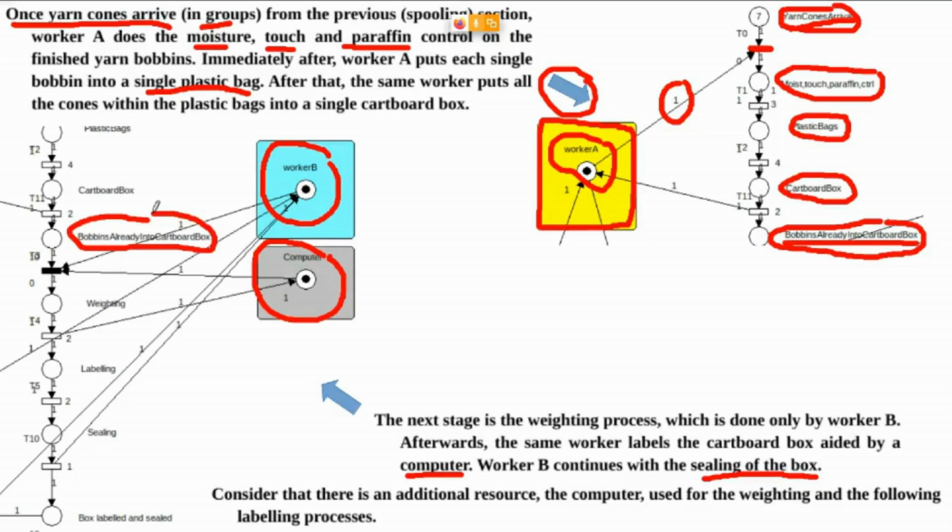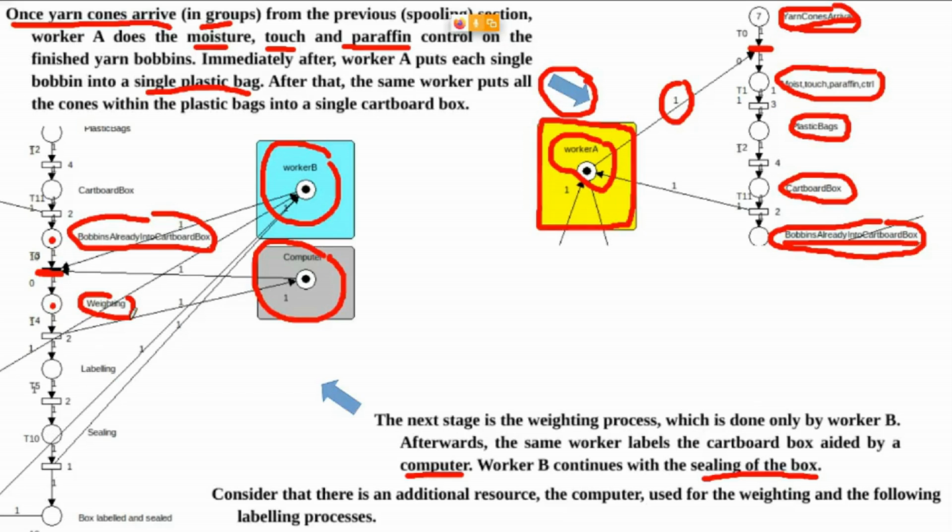For the weighing process, leveling, and the sealing process, we need worker B. That's why worker B is a precondition for this transition to be enabled. Once this transition is enabled, so bobbins are ready in the cardboard box and worker B is idle, this token goes through the weighing process, leveling, and sealing.